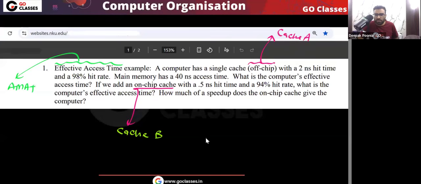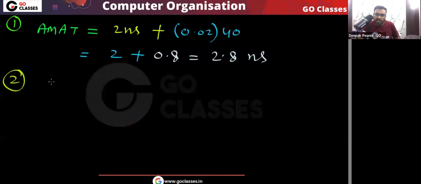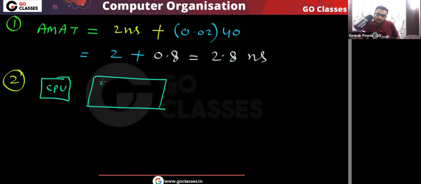This will be level 1, not level 2, because this is on chip, meaning this is on the processor chip. This is closer to the CPU. The cache memory which is closest to the CPU is called primary cache, or L1 cache. So please understand that in the second part of the question, we have the CPU and this new cache memory, that is the on-chip cache.